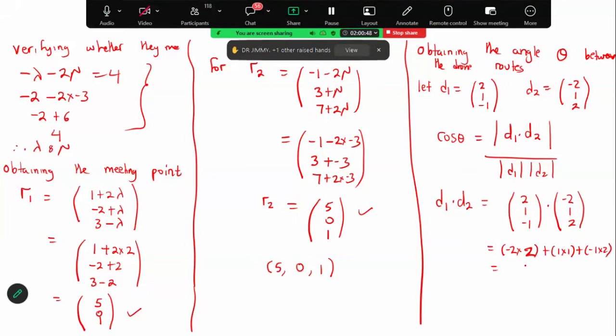So here you'll end up with negative 4 plus 1 plus negative 2, which will give us negative 5. Then from there, also I'm going to find out the magnitude of D1. So magnitude of D1 is going to be the square root of 2 squared plus 1 squared plus negative 1 squared. And this one will give us the root of 6.